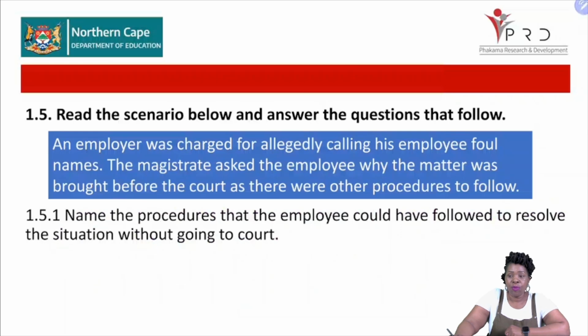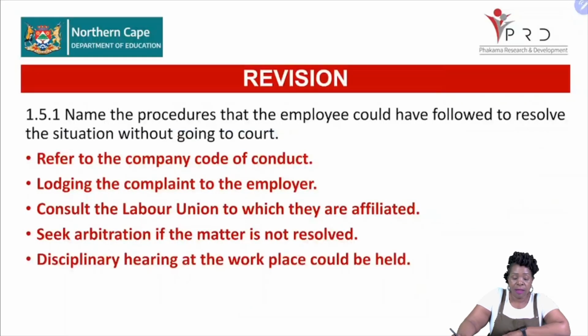Right? I'm hoping you've written down the answer. Let's go on to our answer and see. It says, name the procedure that the employee could have followed to resolve the situation without going to court. So the employee was supposed to refer to the company's code of conduct.